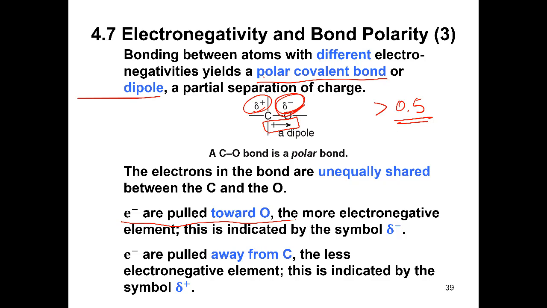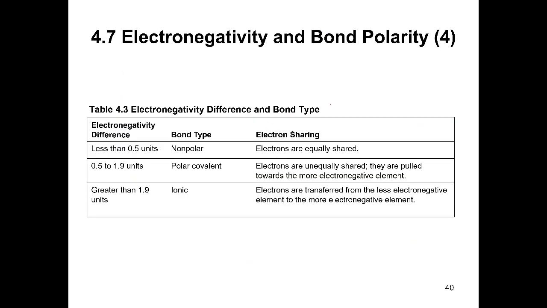And so it's not really strong enough to be an ionic charge, so we call it a delta negative or a partially negative charge. The electrons are pulled away from the carbon, since it's the less electronegative element, and so this is the way we show that. Since one end is being pulled more, then that's the partially negative end. If you've got a partially negative end, the other one has to be partially positive.